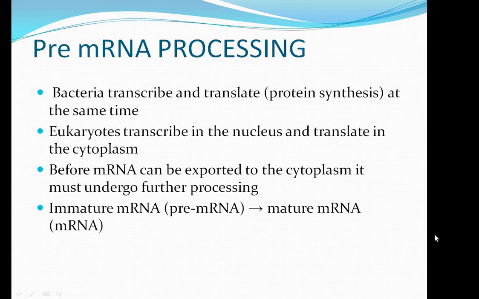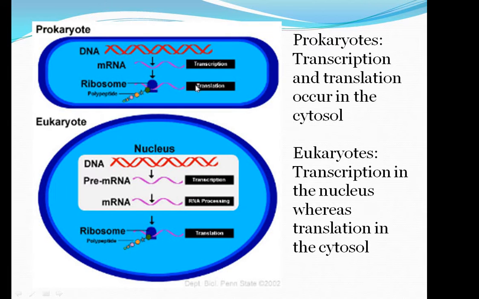So if we compare prokaryotic and eukaryotic gene expression, we can see a vast difference between them. In prokaryotes like bacteria, transcription and translation both take place at the same time, and it occurs in the cytosol.